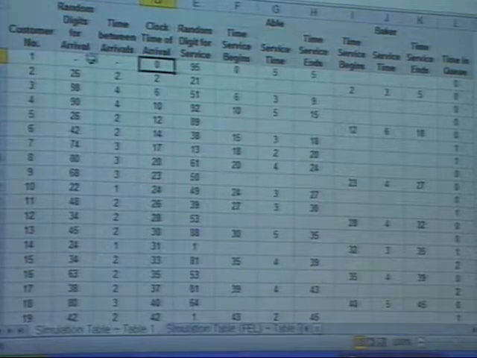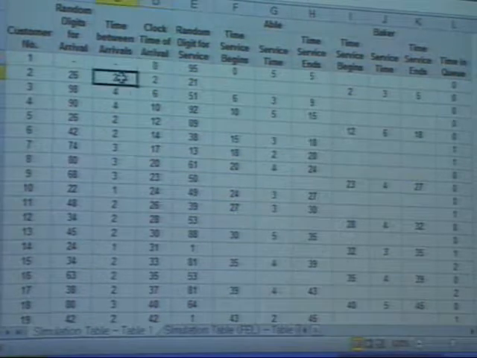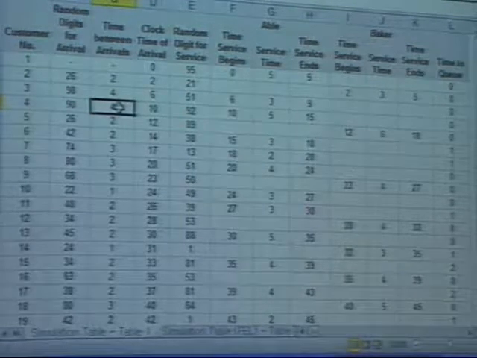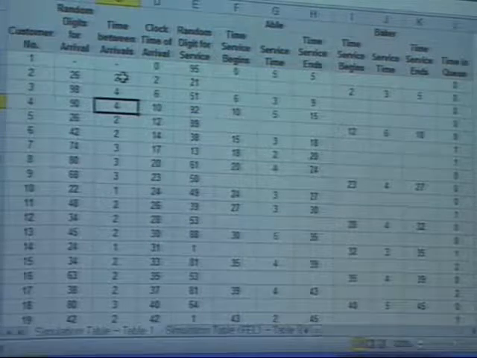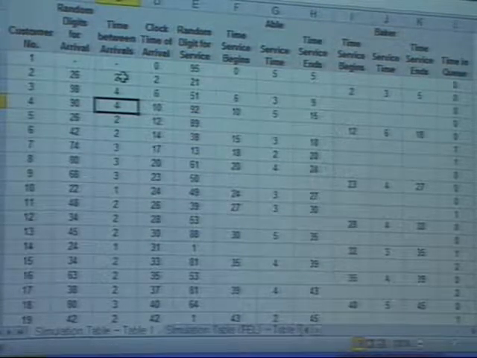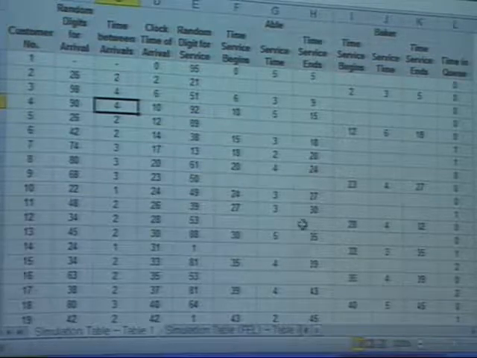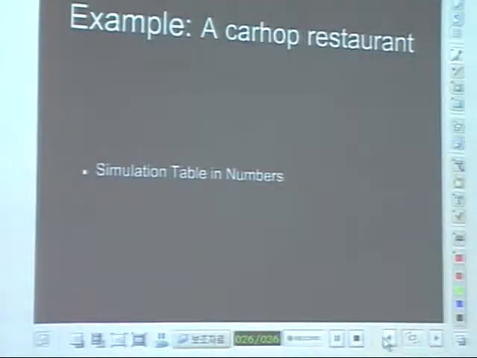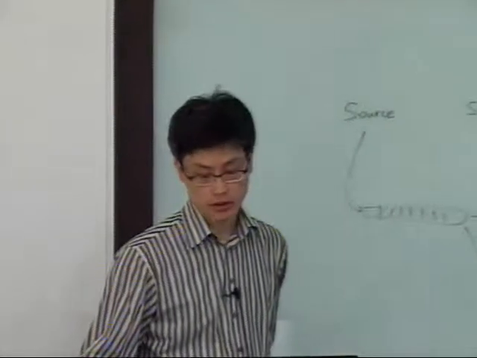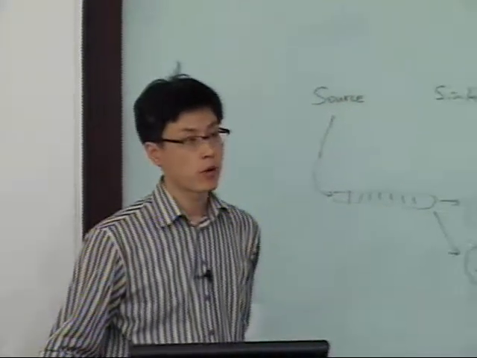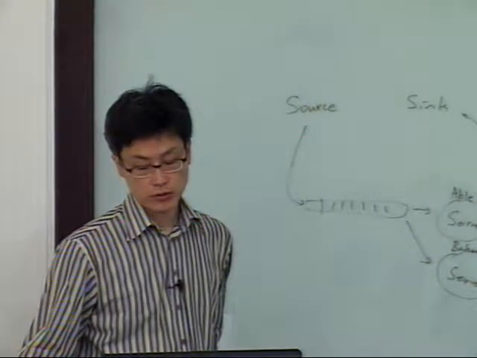Any question about having this random number and getting the time between arrival, I mean the inter-arrival time? It should be based on the table we talked about a little bit ago, right? Here, the inter-arrival distribution of time, from 1 to 100.